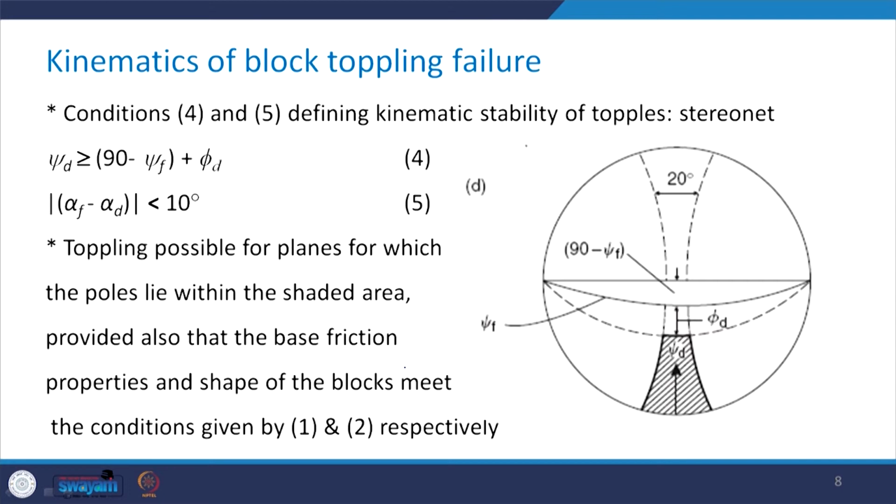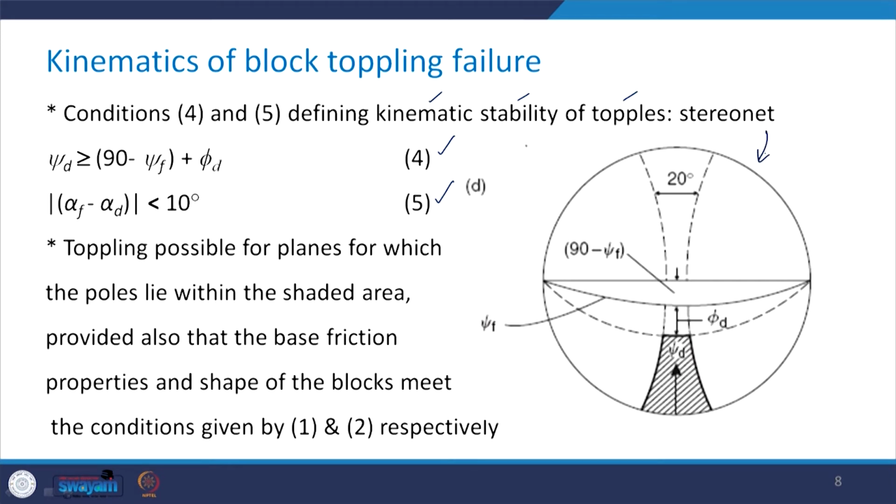Now, these conditions 4 and 5, which I have again written here in this slide, define the kinematic stability of the topples, and this has also been shown in this stereonet.